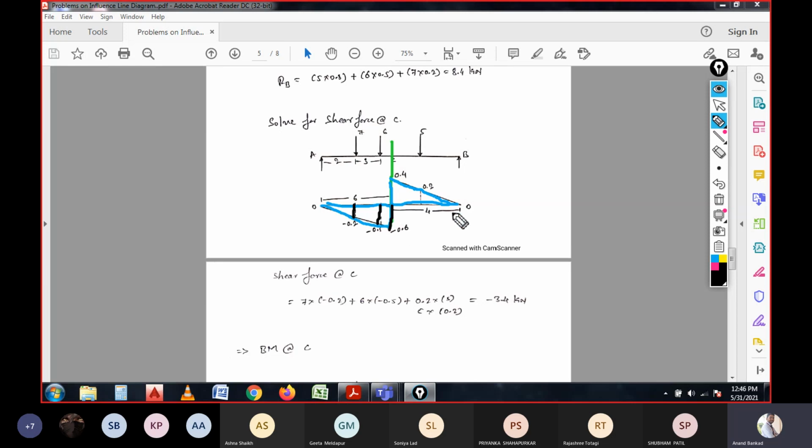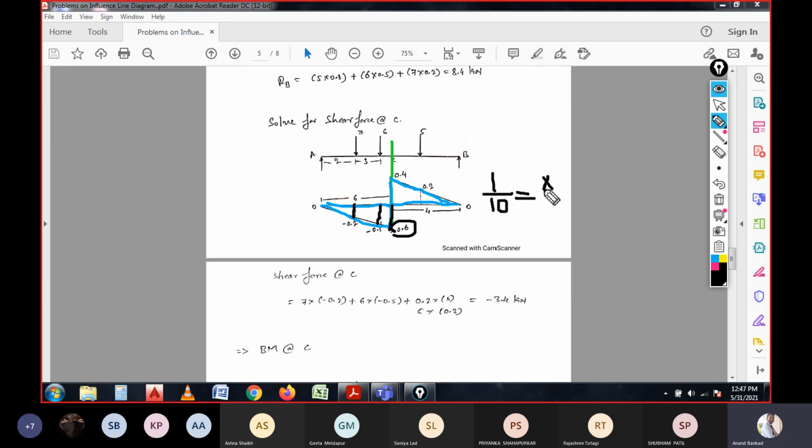So 0.6 is calculated by referring to 1 by 10. So 1 by 10, that is the total height, that is the total length that we had. 1 by 10 is the total length of the span, and this 0.6 is unknown because we need to calculate it.